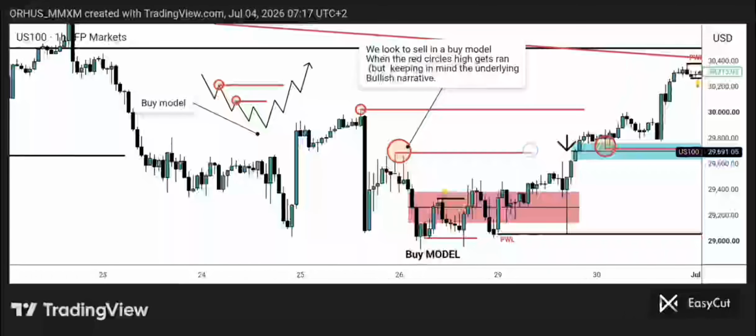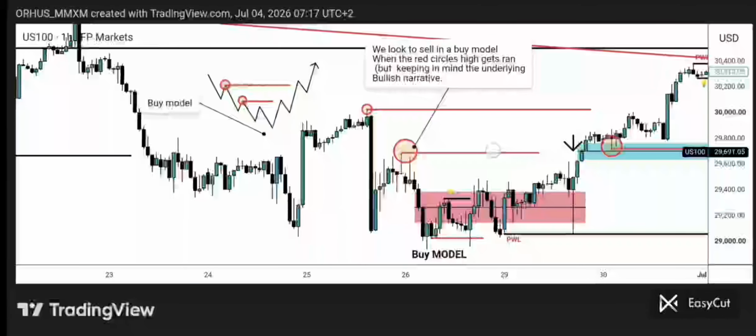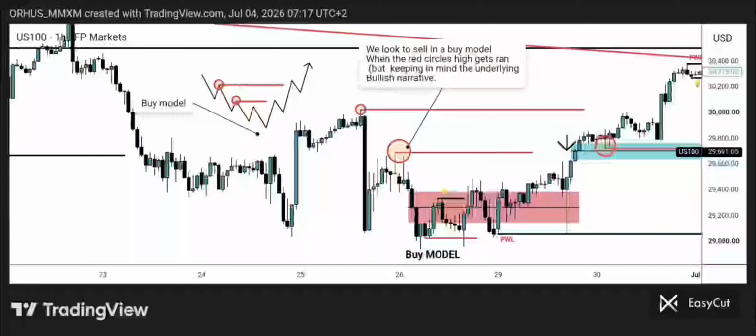Obviously, I told you that once these red highs get purged, once their liquidity gets purged, we could see a deeper retracement. And I told you guys on the other slide that we could set alerts. Once the alert goes off, you could immediately start looking for sells, looking for the entry model which you'll be using.